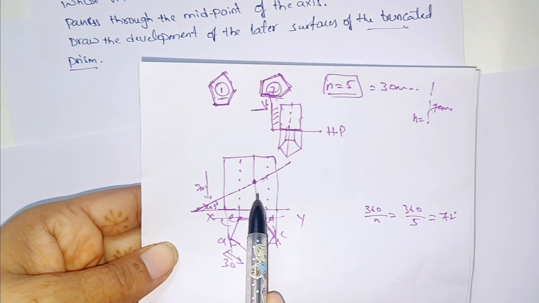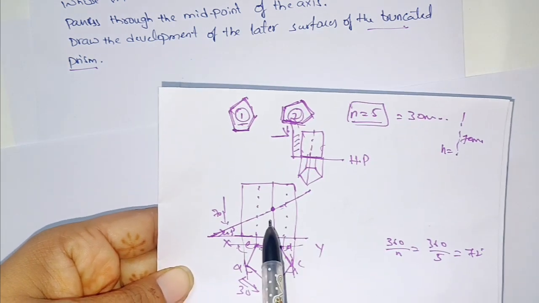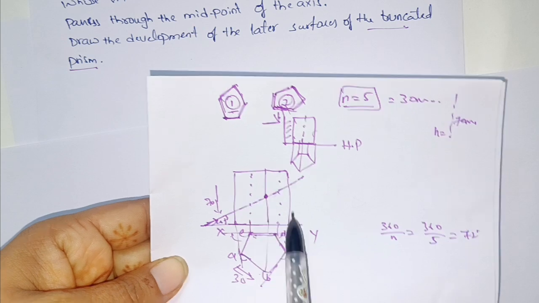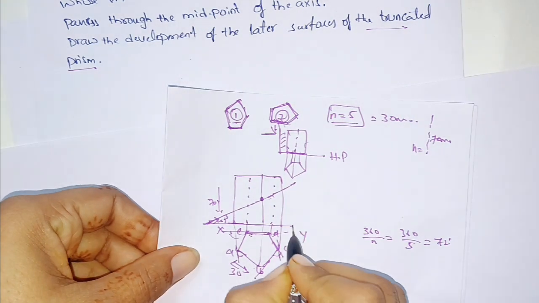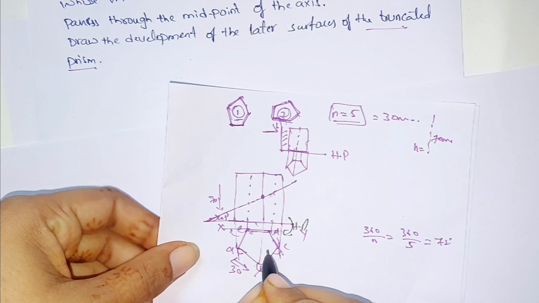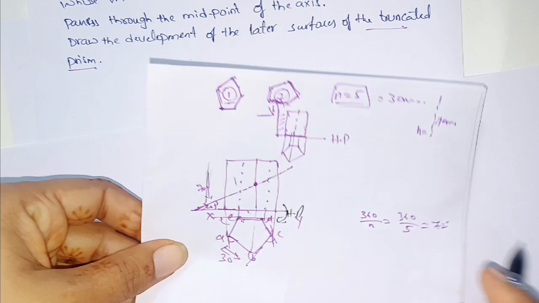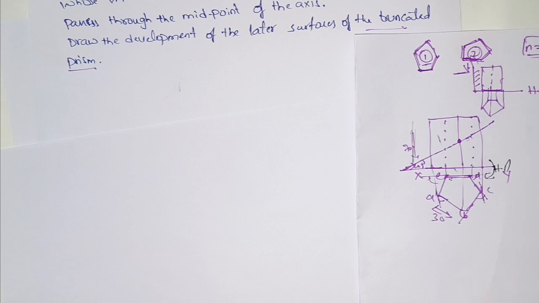A pentagonal prism of base side 30 mm and axis 70 mm is resting on the HP. Definitely it comes downside of the diagram of the pentagon, and the rectangular face is parallel to the VP. So this one you have to draw.